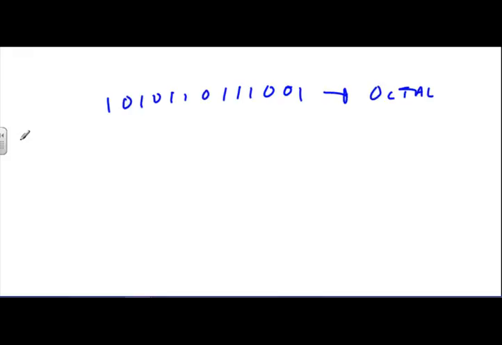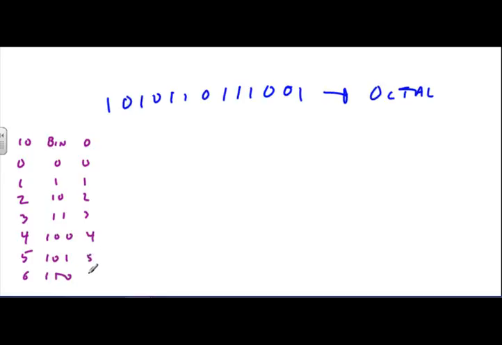the table I had before of the tens and the binary and the octal, I see that I have 0, 0, 0, 1, 1, 1, 2, 1, 0, 2, 3, 1, 1, 3, 4, 1, 0, 0, 4, 5, 1, 0, 1, 5, 6, 1, 1, 0, 6, 7, 1, 1, 1 for a 7.